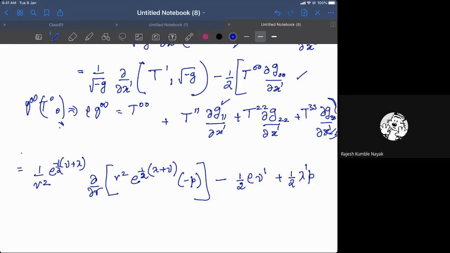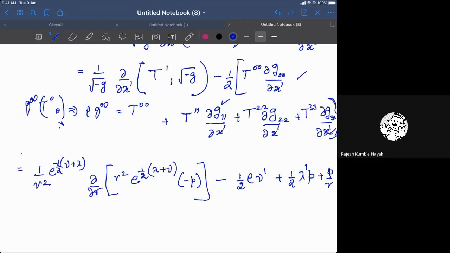Okay, the last one, there are two, both would give the same result, so you simply have 1 by r into p.